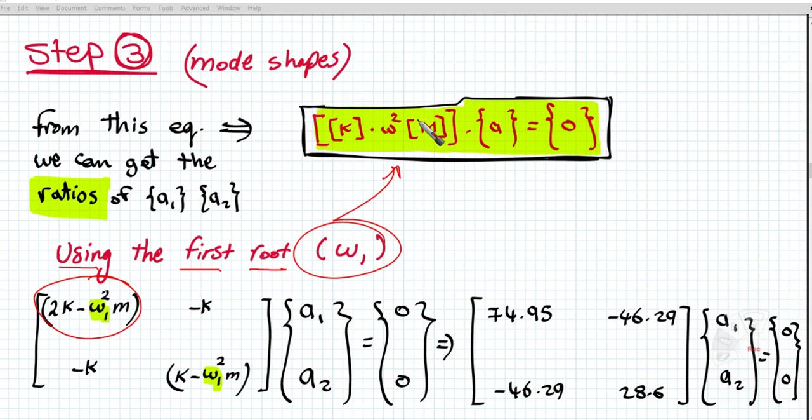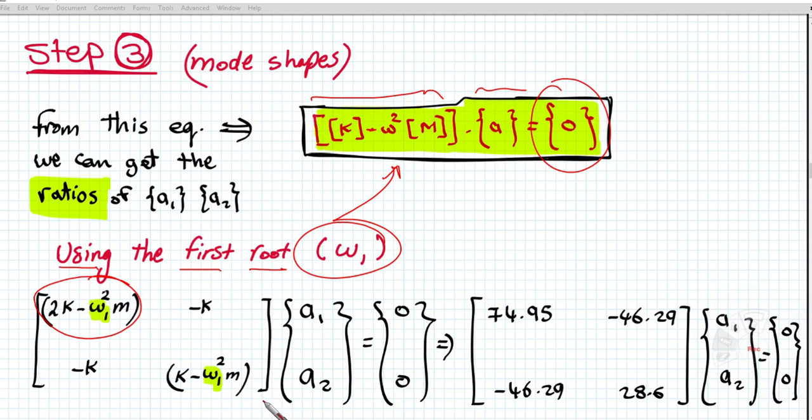After substitution, you find that this is a matrix, and because of the minus sign, this matrix is multiplied by this vector, and then they should equal this vector, right?